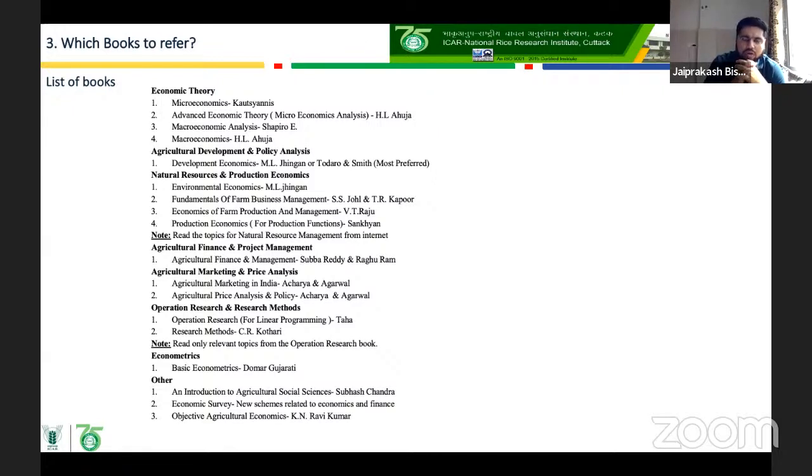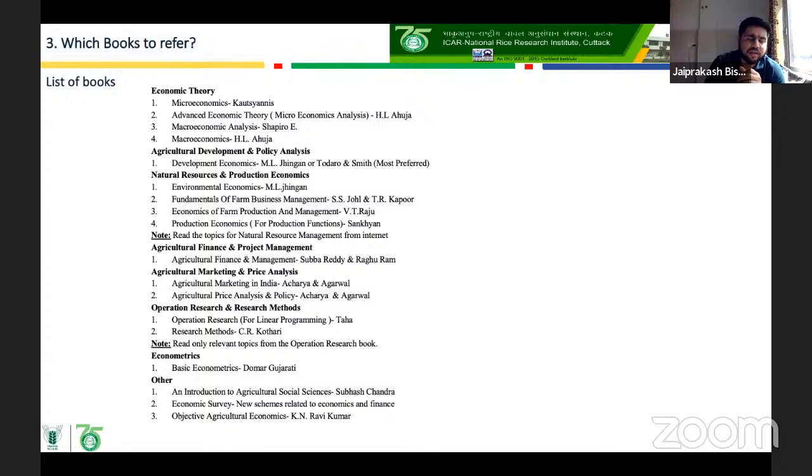For natural resource economics, there are wonderful books available on the internet. Even the topics are important, like fishery economics, forestry economics, and mineral economics. These things are important, and I have notes on these topics with me. If anyone wants these notes on natural resource economics, you can contact me at any time. You can just drop a mail, and I will be very happy to respond to you.